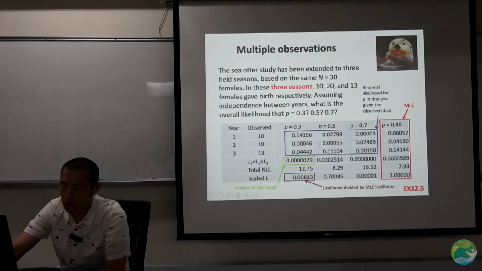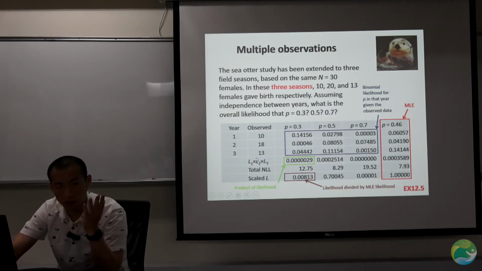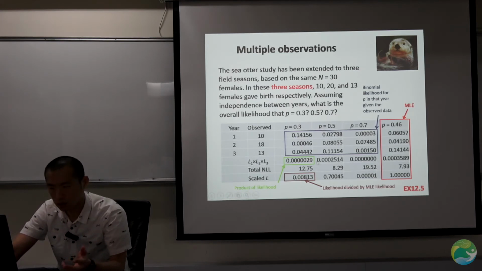Another alternative hypothesis is P equal to 0.5, and the probability for the 3 data points. Again, for another alternative hypothesis, the probability for the 3 data points. As I said, if we have multiple observations, the probabilities should be multiplied altogether. So this is the total likelihood. Very small value, right?